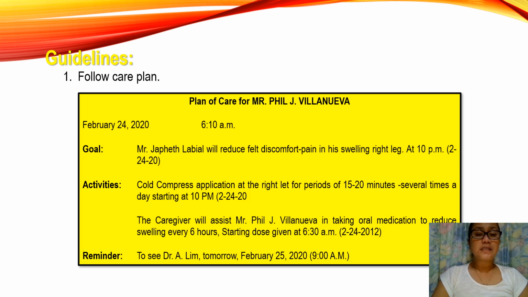The caregiver will assist Mr. Phil Villanueva in taking oral medication to reduce swelling every 6 hours, starting those given 6:30 a.m. 2/24, that is 2020. Actually, this is an old, as you have known, we have started way back 2002.